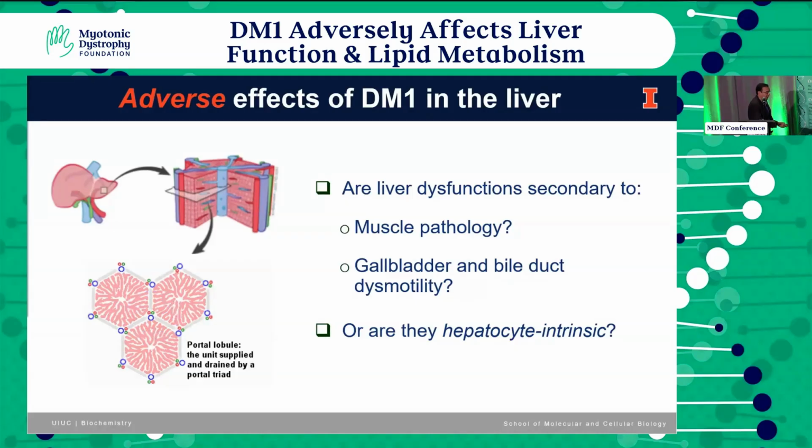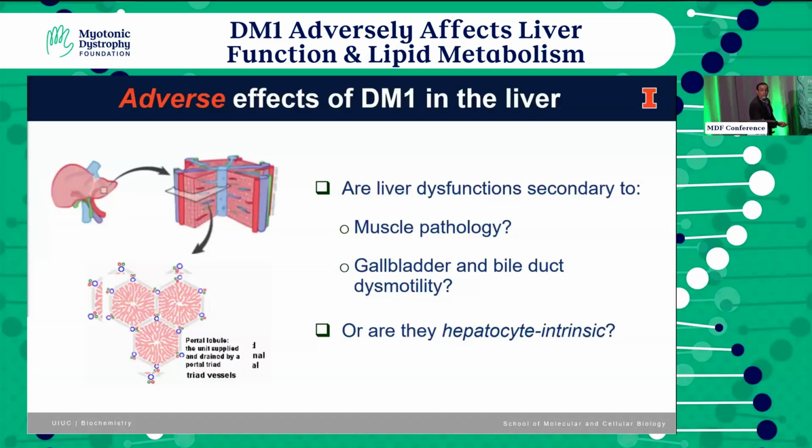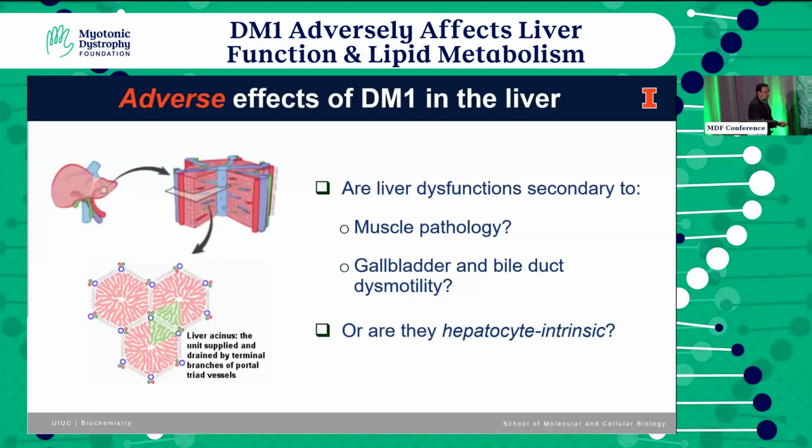There's a possibility that the liver dysfunctions are secondary to the skeletal muscle pathology, or they occur due to gallbladder and bile duct dysmotility. But because DMPK and muscleblind proteins are fairly well expressed in hepatocytes in the liver, it is also possible that the liver-specific dysfunctions in DM1 are actually hepatocyte intrinsic.